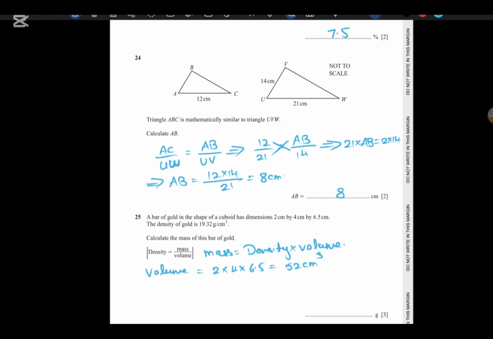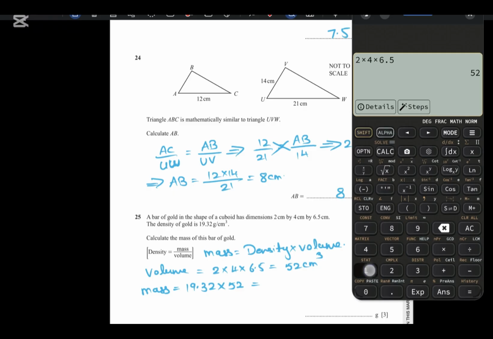Then mass is equal to density, which is 19.32, into 52. You will get the mass. 19.32 into 52 is 1004.64.